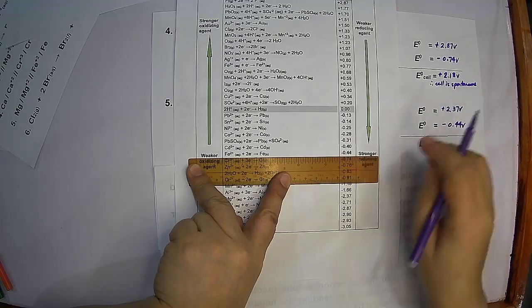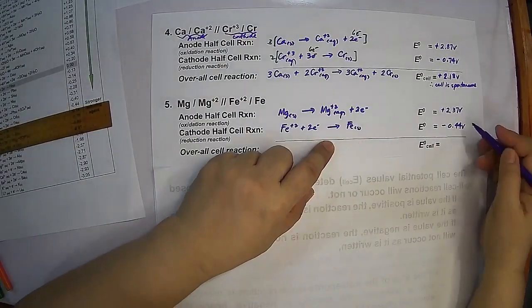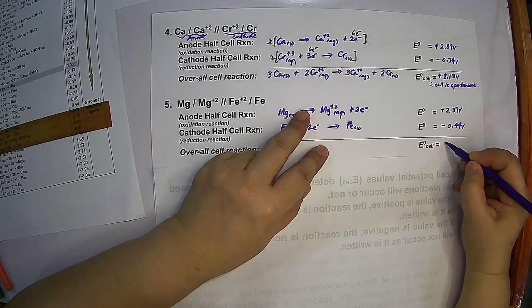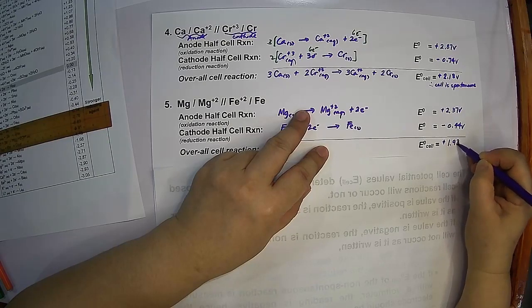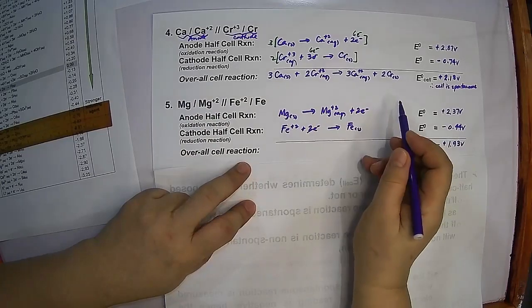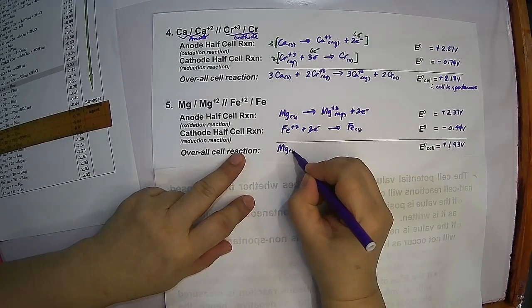We take the sign as is because this is a reduction reaction. So if we take the sum, we have positive 1.93 volts. Since the number of electrons are equal, we don't have to cross multiply them.